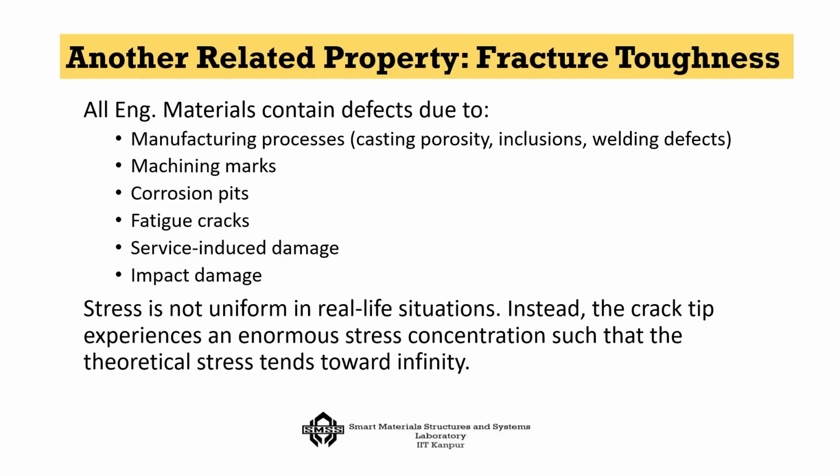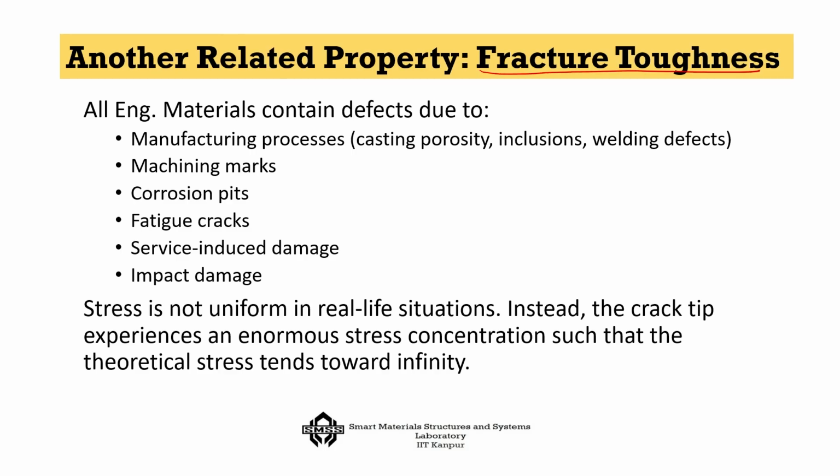Now, another related property that can also measure that sort of impact or shock absorption, and also has different other applications in terms of failure, sudden collapse or failure of a system, is this property which is called fracture toughness.